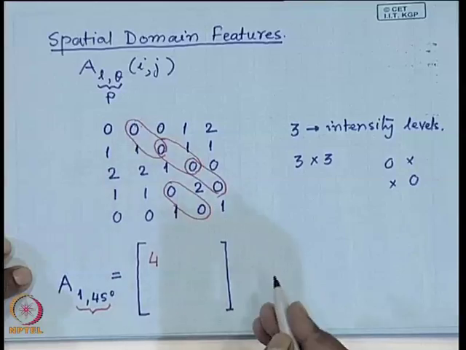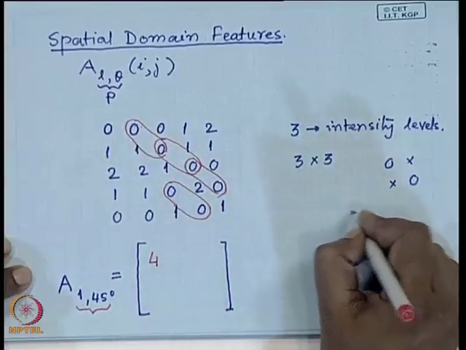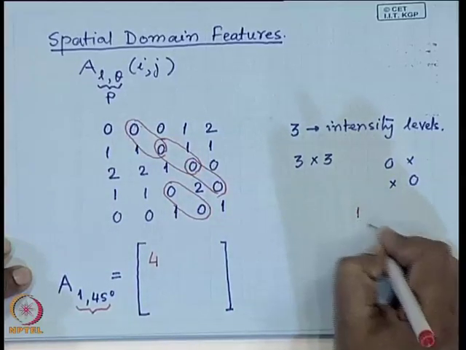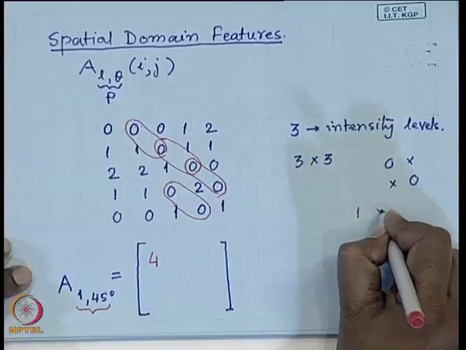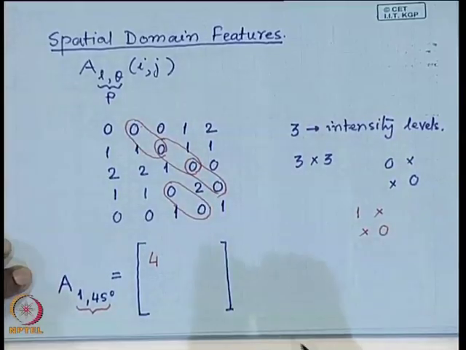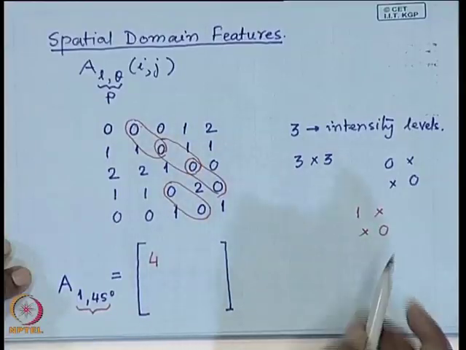Then coming to 0 1, I have to have a pattern of this form, 1 0. I do not bother about these 2 locations, because my position parameter is 1, direction is 45 degrees, and 0 1 means the occurrence of 0 with respect to 1 following this position parameter.